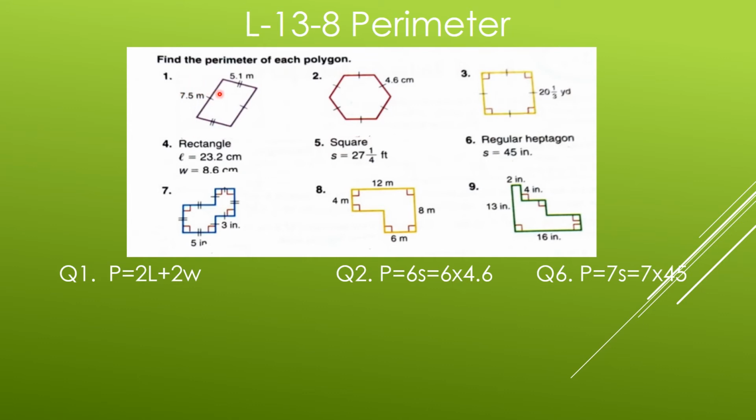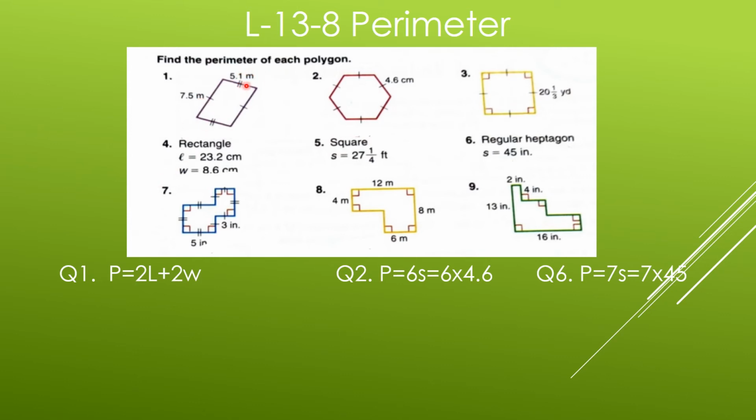Question number 1, you can see two opposite sides are equal and these two opposite sides are equal. That means 2L and 2W, like a rectangle, or a parallelogram also. 2L and 2W. What is the L? 7.5. And what is the W here? 5.1.